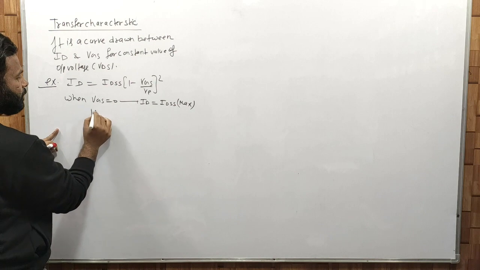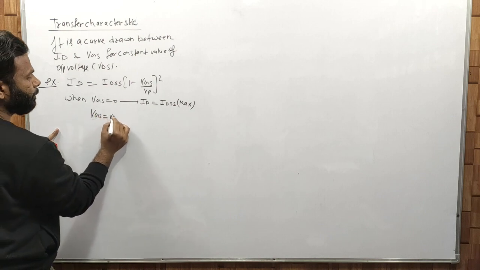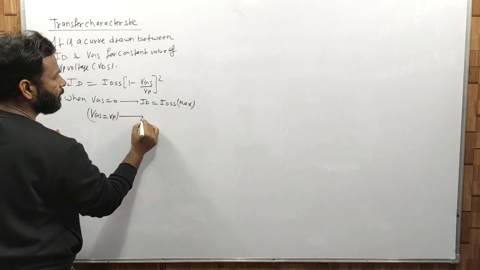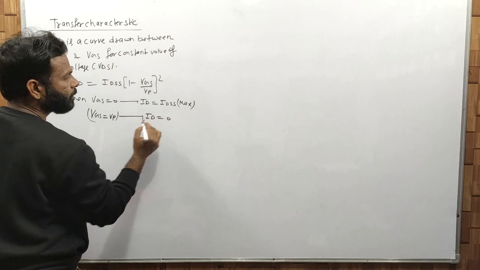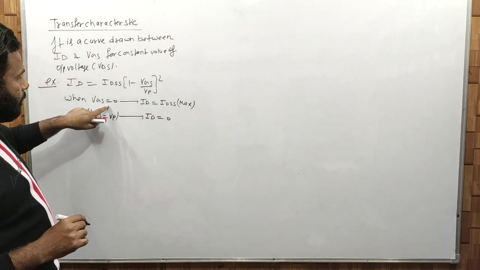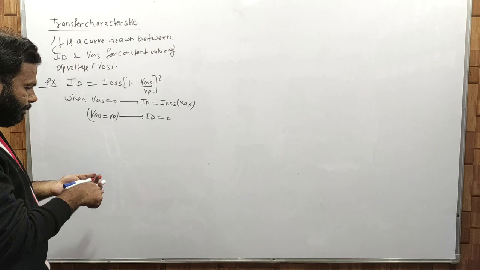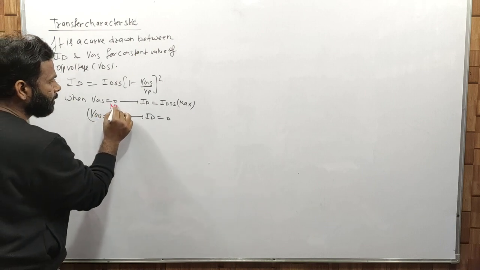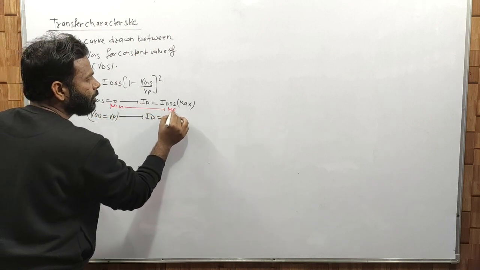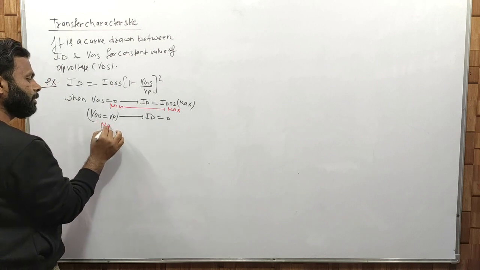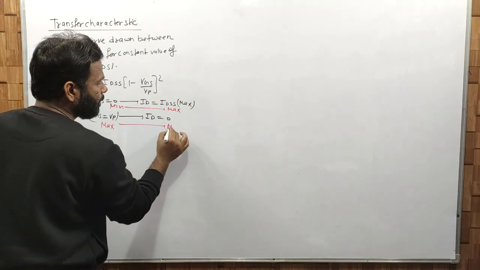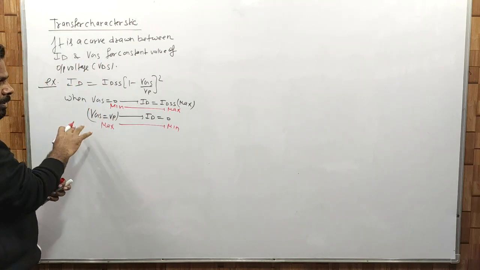Now when VGS equals VP, then ID is 0. So when VGS is minimum, ID is maximum, and when VGS is maximum, ID is minimum.